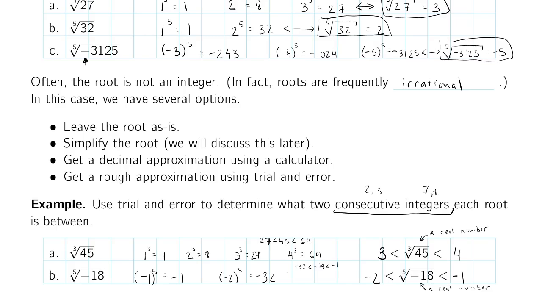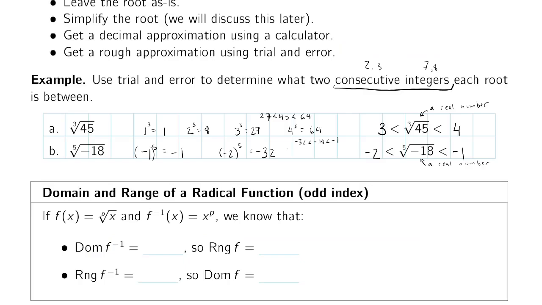And in fact, if we have a radical function with an odd index, we can talk about its domain and range. Because if we have a radical function with an odd index, its inverse is a power function with an odd exponent. A power function with an odd exponent has domain all real numbers and range all real numbers.